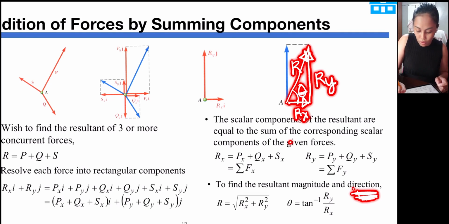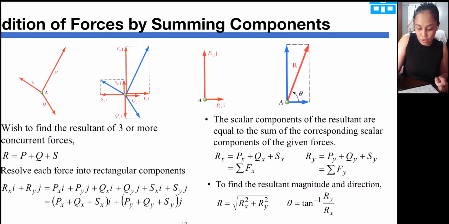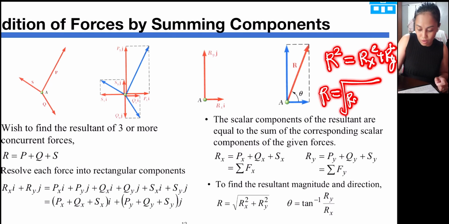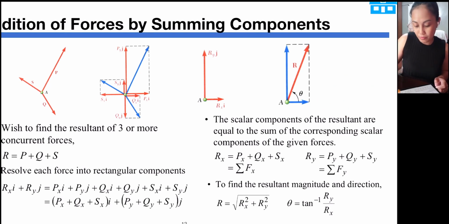To get the resultant force, use the Pythagorean theorem: R squared is equal to Rx squared plus Ry squared, or R is equal to the square root of Rx squared plus Ry squared. So that is the magnitude.